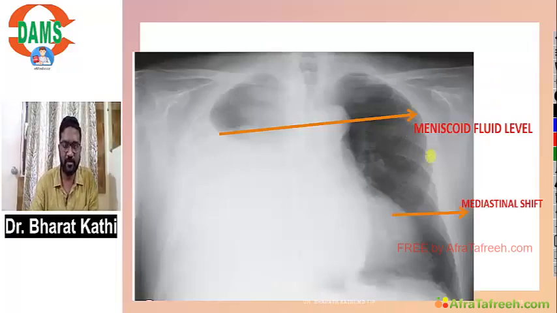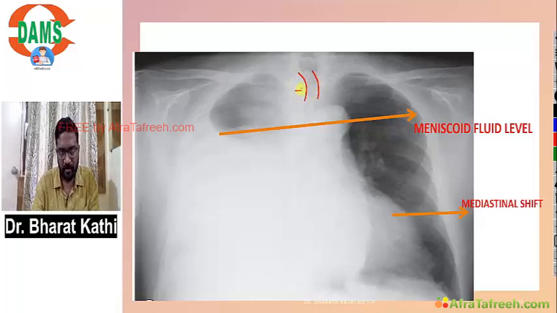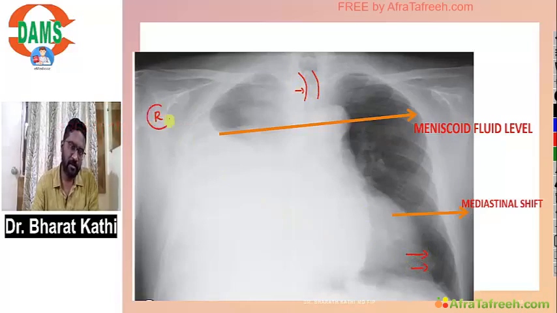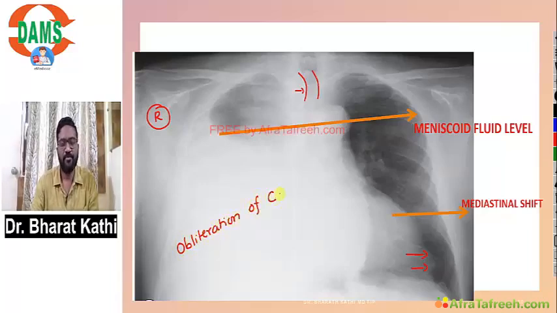Then what is the diagnosis here? You can see the trachea is going towards the left. The heart shadow is also left. And on the right, there is obliteration of both CP angles.